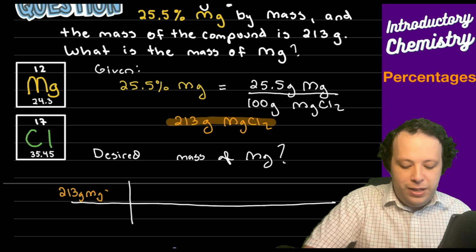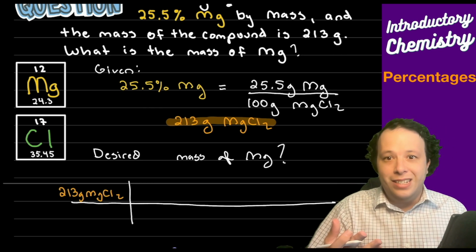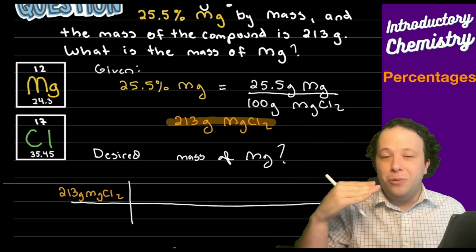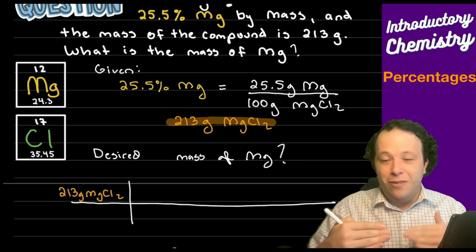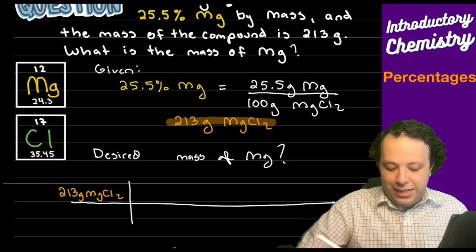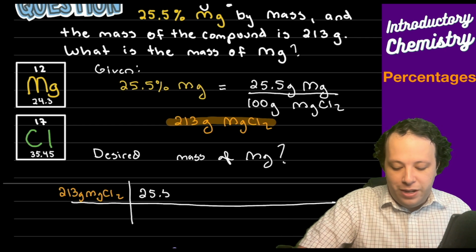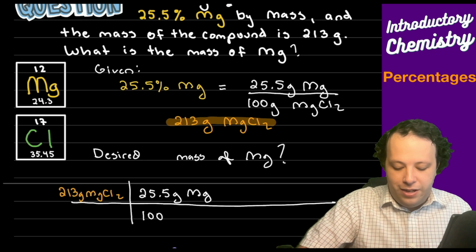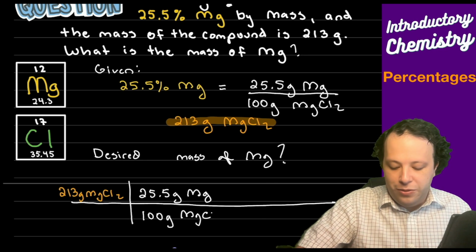And it's very important to make sure you do write the identity of the compound you're working with, because notice the percent has both pieces, right? So magnesium and magnesium chloride, elements and compounds. So we need to specify. The next part is 25.5 grams of magnesium will be on top, and 100 grams of MgCl2 is on bottom.